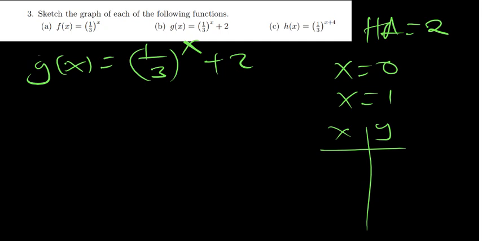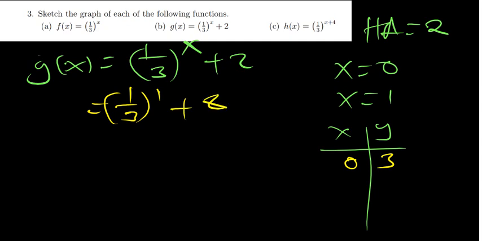If x is 0, any number to the power 0 is going to be 1, so 1 plus 2. If x is 0, 1 plus 2 is 3. If x is 1, here I'm going to get 1 over 3 plus 2.